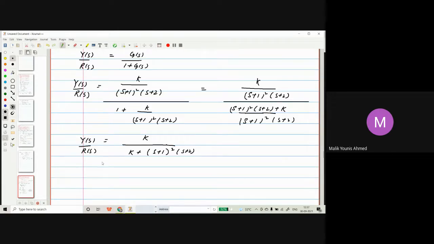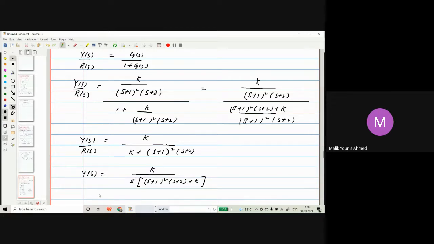So I can write Y of s is equivalent to k divided by s, I can write (s plus 1) whole square into (s plus 2) plus k, into s.